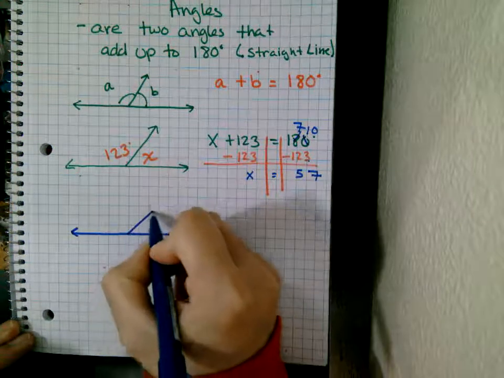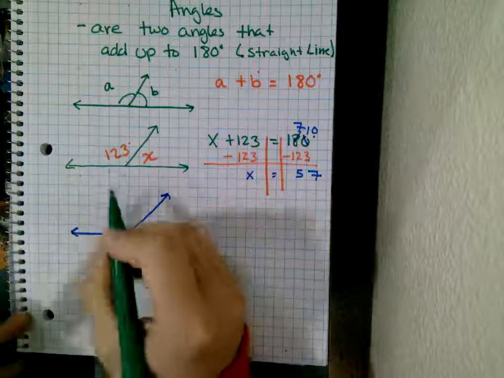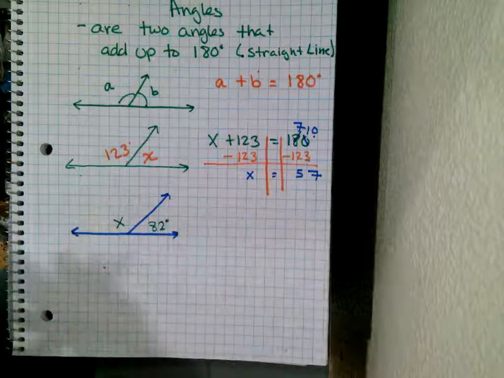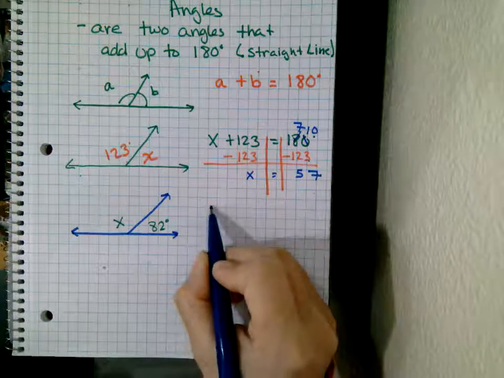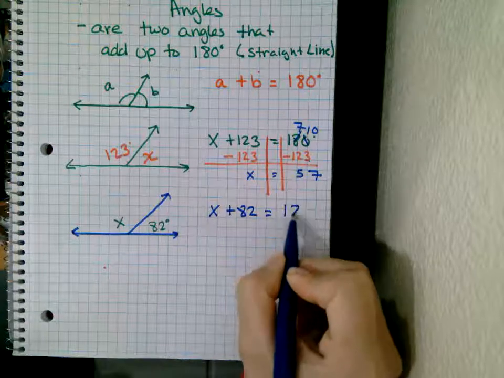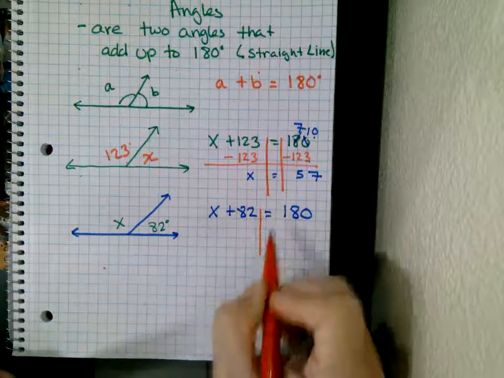Let's do another one. Level 1, super easy. Copy this down. We have x and 82 degrees. So very simple, but we're still going to do an equation. X plus 82 is equal to 180 degrees. So we're going to draw our bar.